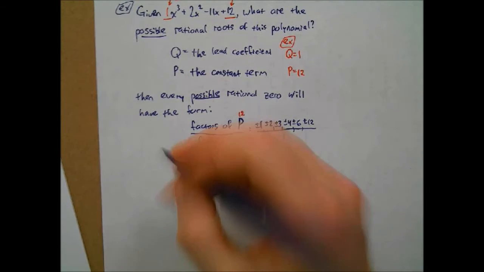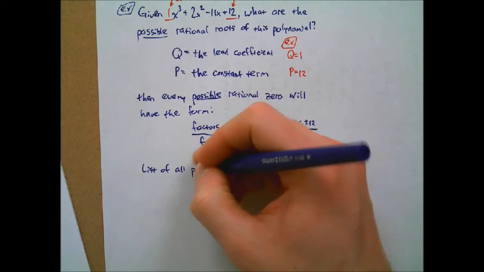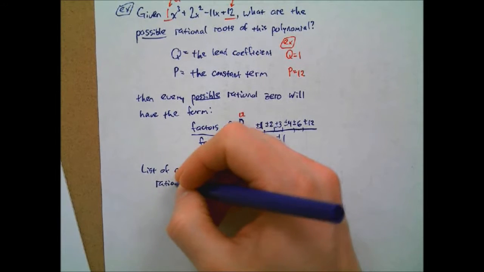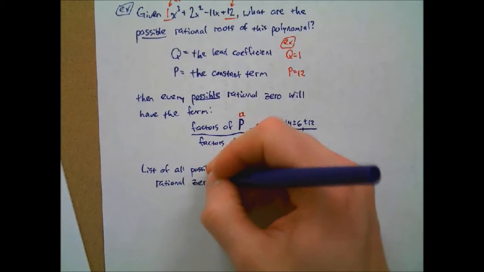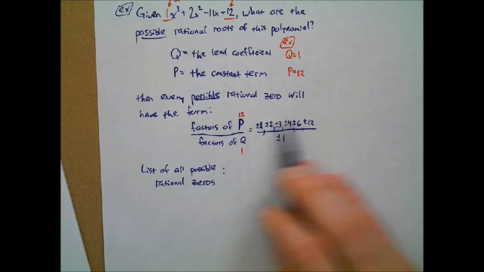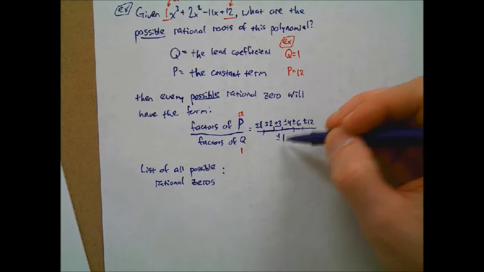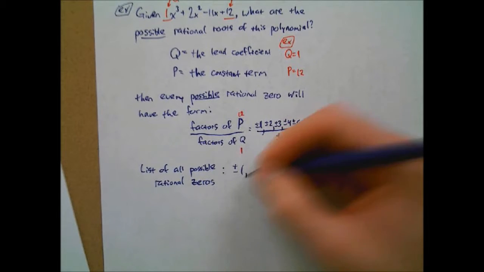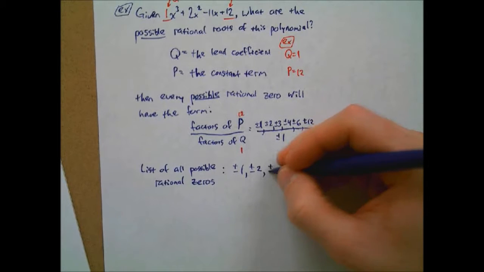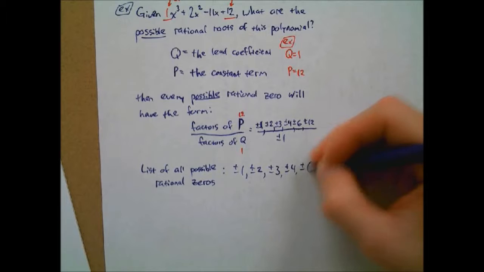So here then would be a list of all possible rational zeros. Again, our zeros are going to have this form, a factor of p divided by a factor of q. So 1 over 1 is just 1, so we have plus or minus 1. 2 over 1 will be 2, again plus or minus 2. 3 over 1 is 3. 4 over 1 is 4. 6 over 1, 6. 12 over 1 is 12.